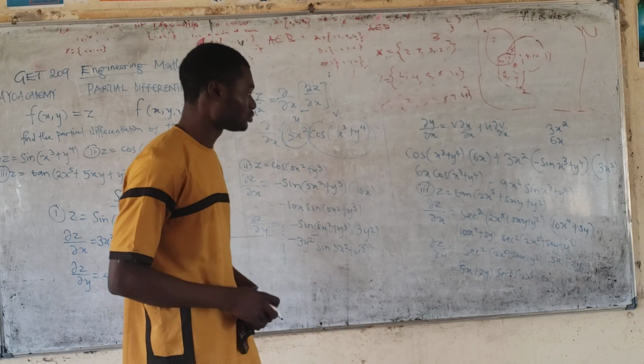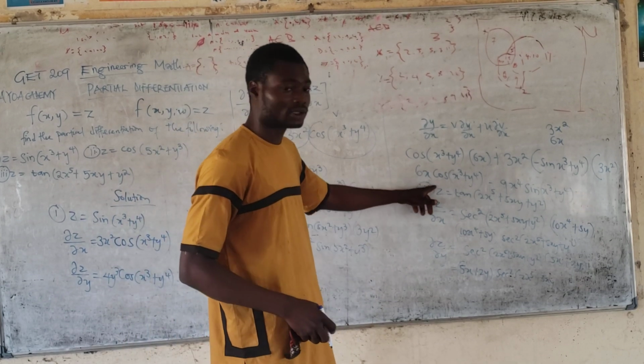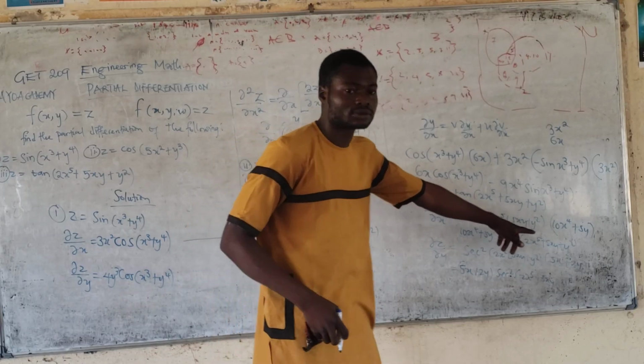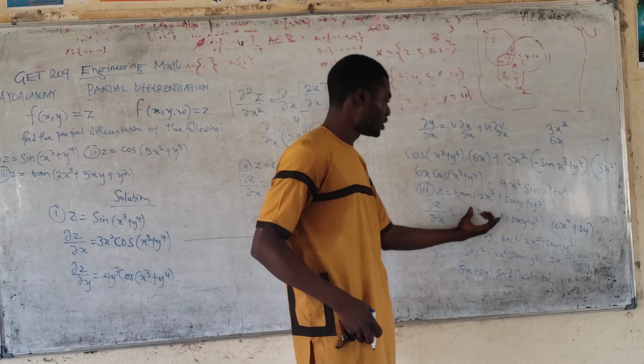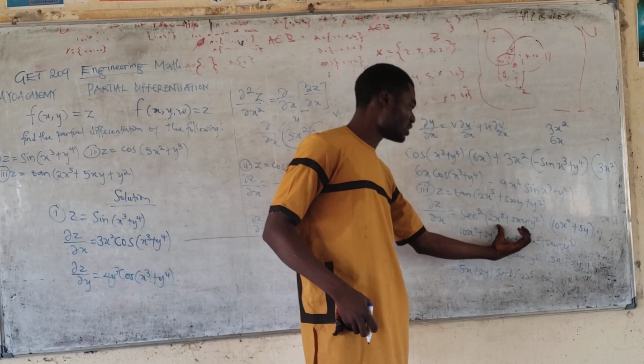The first step, this one. When you differentiate tan, it will give you this one, and this one still repeats itself.